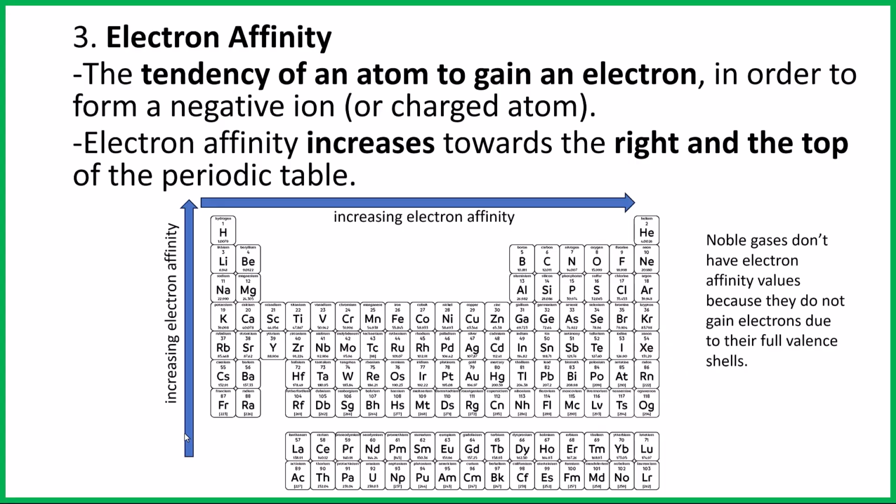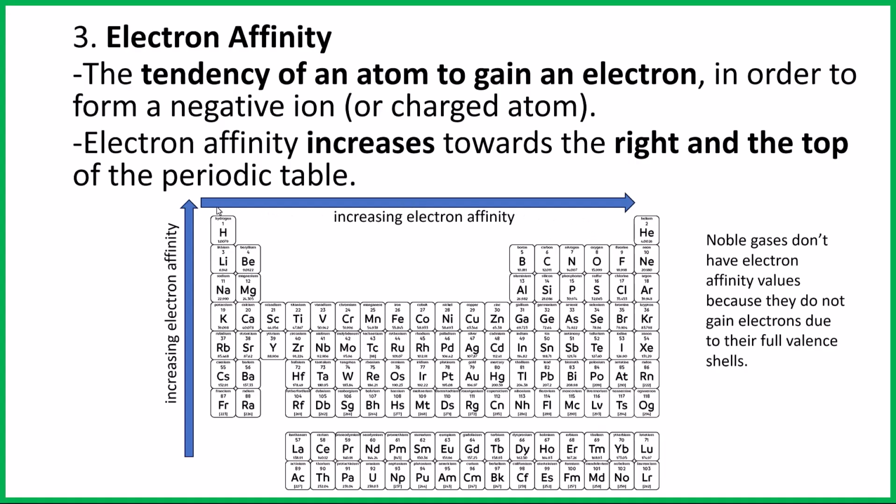The electron affinity increases as we move from bottom to top because, similar to electronegativity, there are fewer energy levels at the top, and so the nucleus pulls a little bit more strongly up at the top elements, and so it's able to pull electrons.